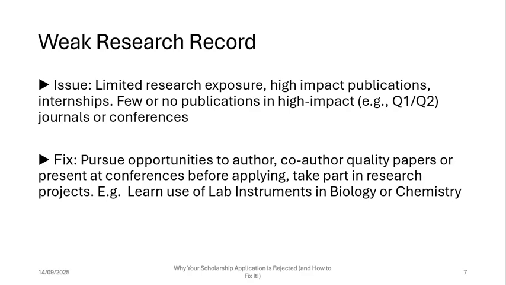But if you have top tier conferences or high quality, high impact journal publications in Q1, Q2 tier, and if they are very well recognized in your field, there are chances that you will get the scholarship. So make sure that you do these things and you co-author quality papers.